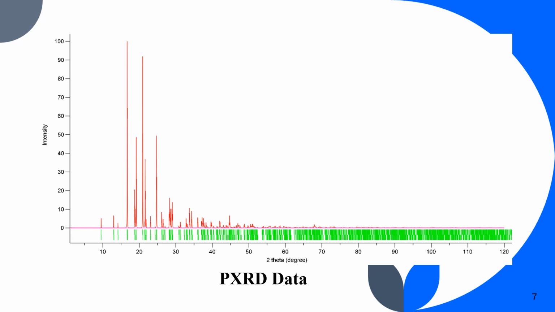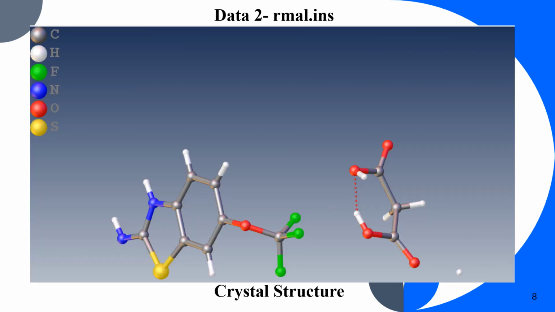And this is the PXRD data I solved using the same software, Vesta. We can get the information between the intensity and the 2 theta, and it is a solution of the crystal structure of data file 2.